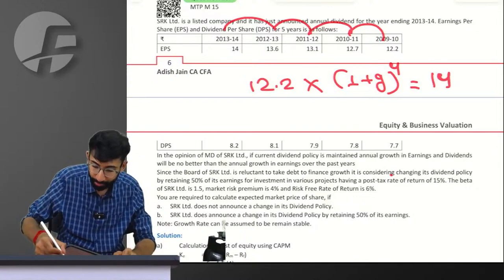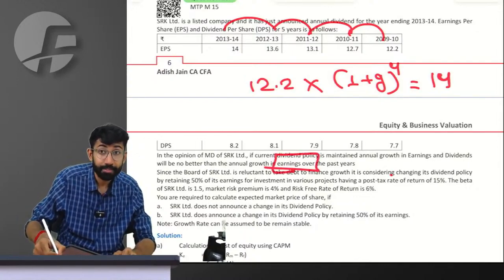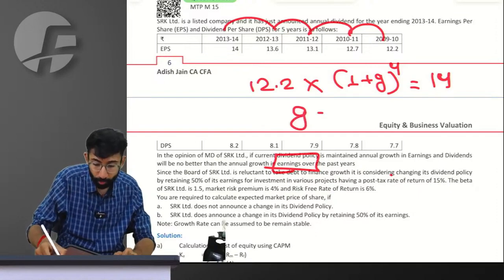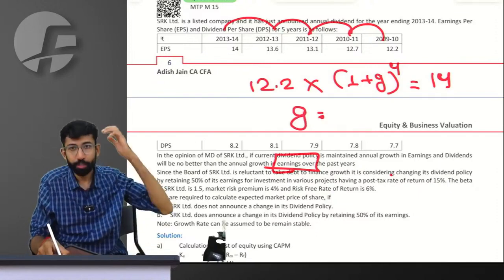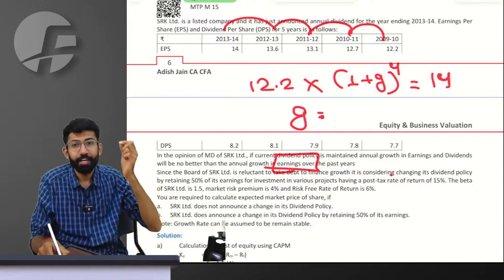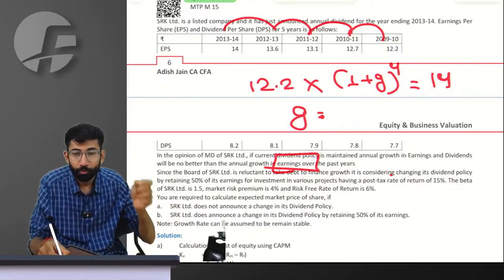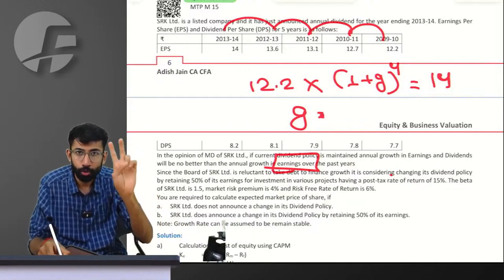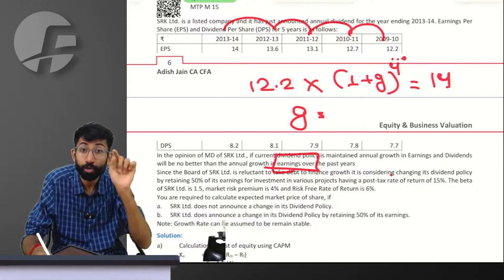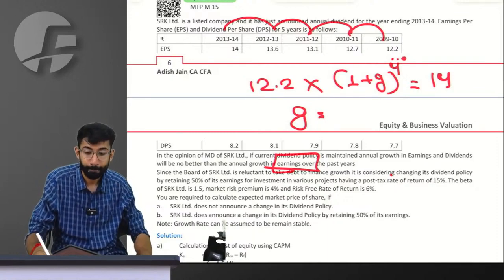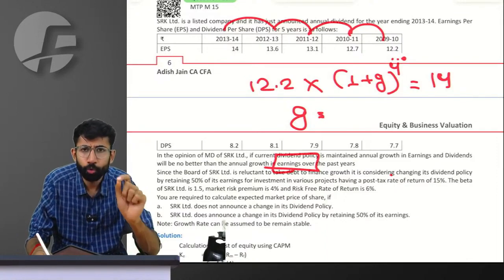Please remember, earnings growth we have to take over the past years. Use your calculator: 14 divided by 12.2. Whatever you get, under root 2 times, because it is to the power 4. Under root 2 times, minus 1. How many of you know this logic?